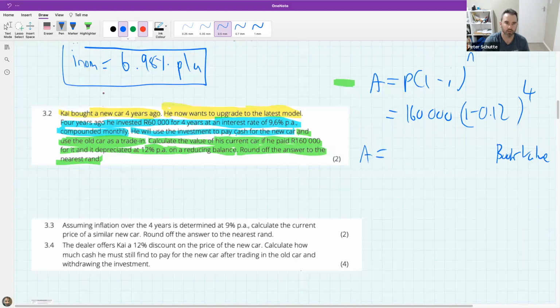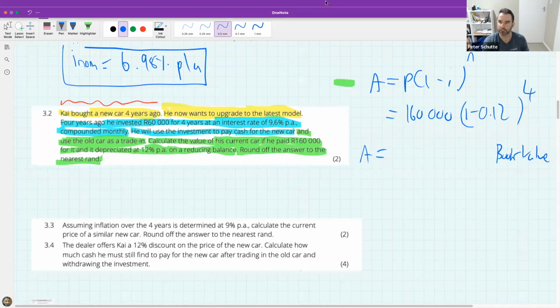It was 4 years ago when he bought the car. So how much is it worth now? What do we think it's worth now?